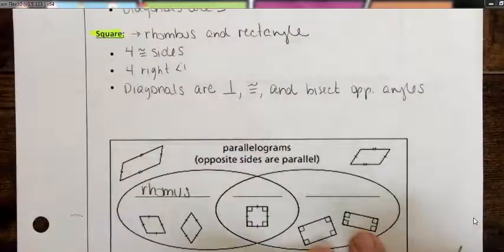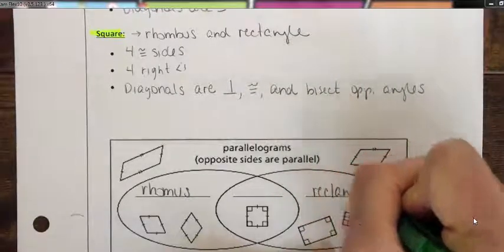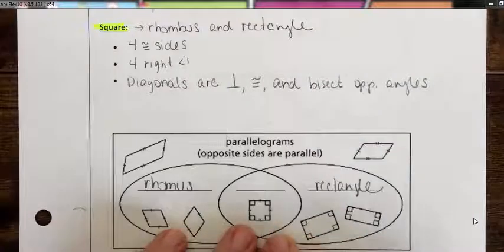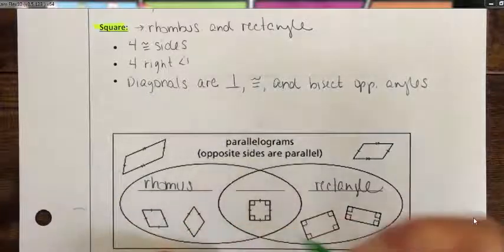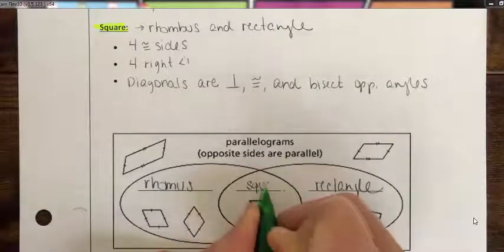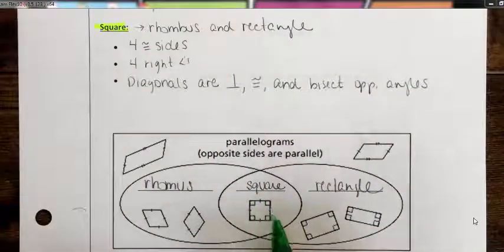Over here, for congruent 90-degree angles, that's a rectangle. And then you marry those two, and you end up with 4 congruent angles that are 90 degrees and 4 congruent sides, that's a square. So that's the area where they're overlapping, where they got stuff in common.